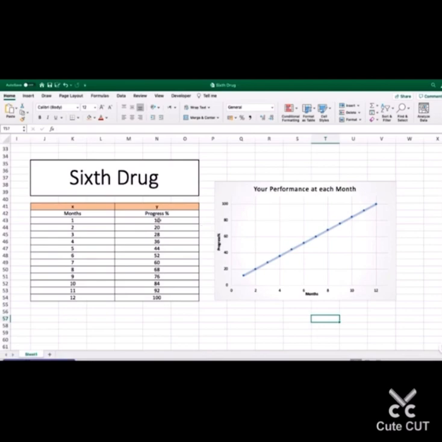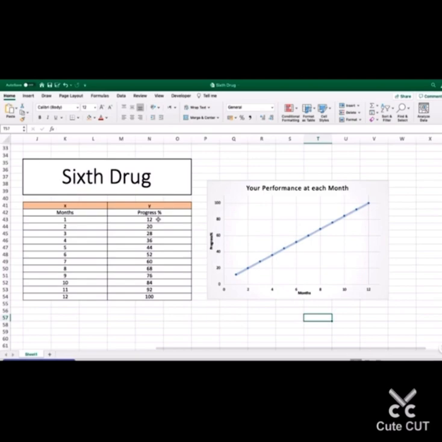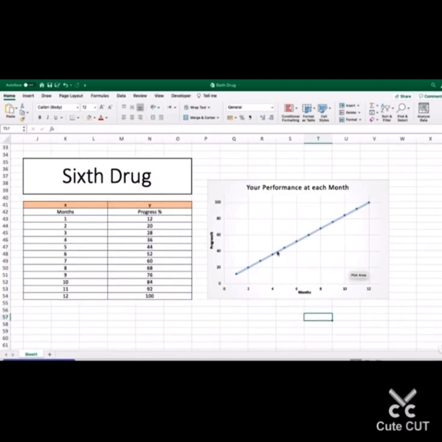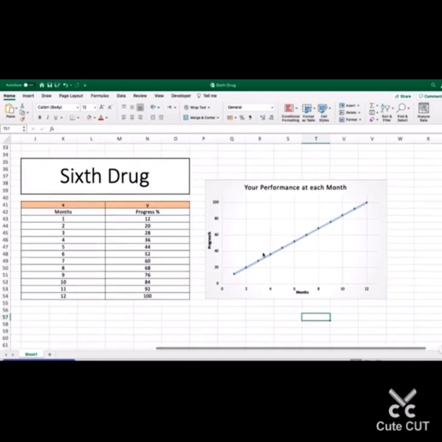This is what your graph would look like. If you draw the months, the independent variable, with respect to the progress percentage, the dependent variable, you will have somewhat a constantly going upward line. Now, whenever you have a constantly going upward line or constantly going downward line, then it means that the relationship between the months and the progress, or X and Y, is a linear relationship.